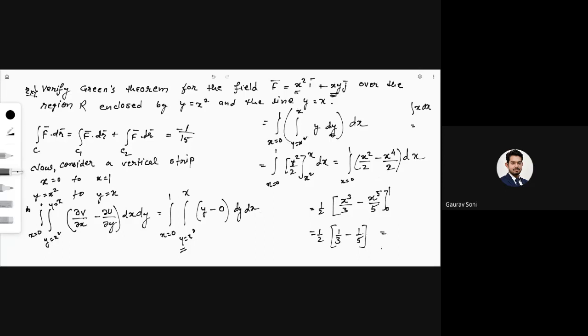So 5 minus 3 is 2 upon 15 bracket के बाहर 1 by 2. So the answer is 1 by 15. So that day we may have got plus 1 by 5, not minus 1 by 5.